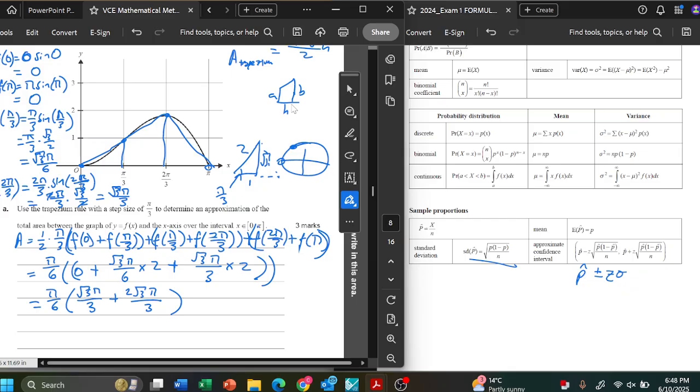So all up we have 3 root 3 pi's over 3. So the 3's are going to cancel out there, and we're just going to be left with pi on 6 times by root 3 pi. And that just comes out as root 3 pi squared over 6 is our area.